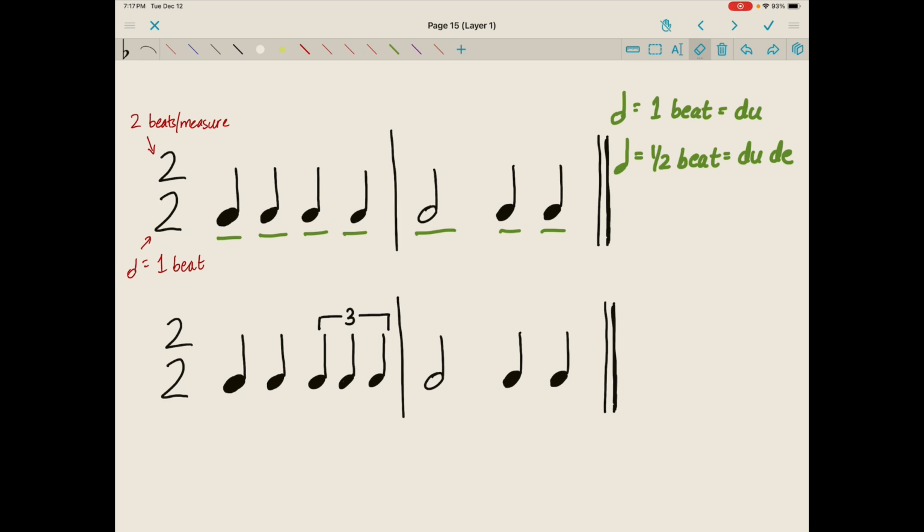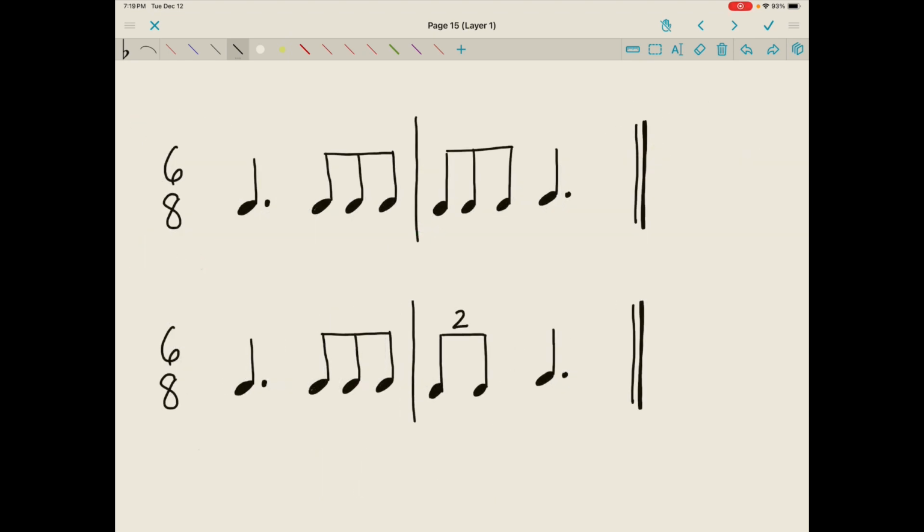So essentially a triplet is 3 of one type of note value that is played in the same amount of time as 2 of that same note value. So 2 quarter notes are played in the same amount of time as a set of quarter note triplets would be played.